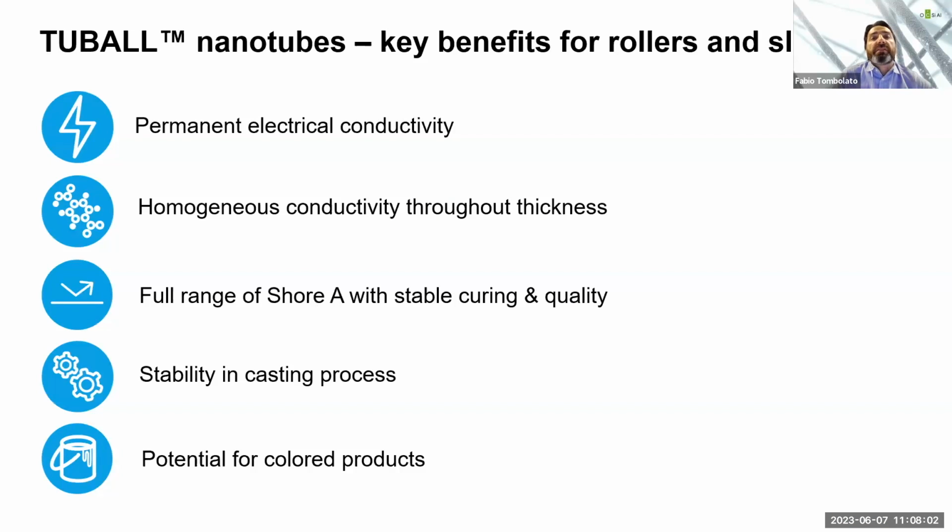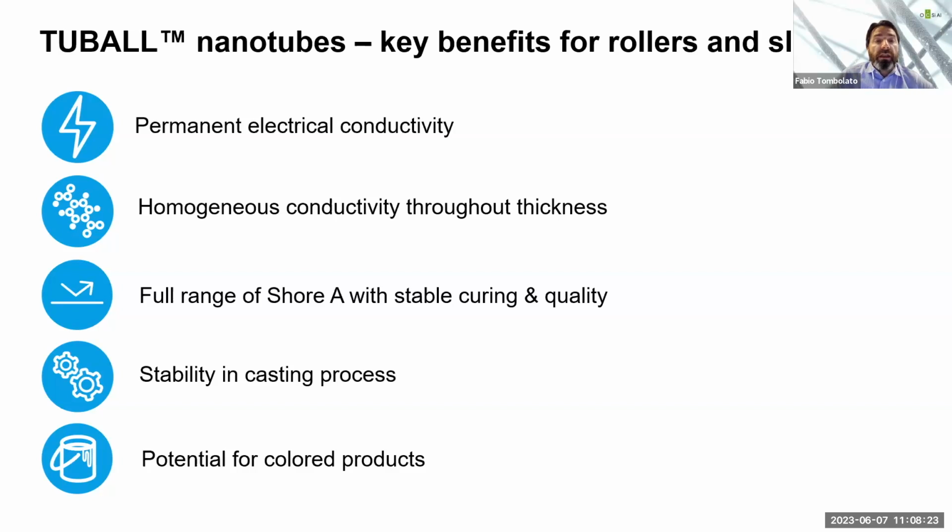In this slide, we have summarized the most important key benefits that you can achieve using nanotubes in the production of rollers and sleeves. As I told you, graphene nanotubes, thanks to the 3D network that they will create inside the material, will bring a permanent electrical conductivity that will be homogeneous not only on the surface, but also through thickness.